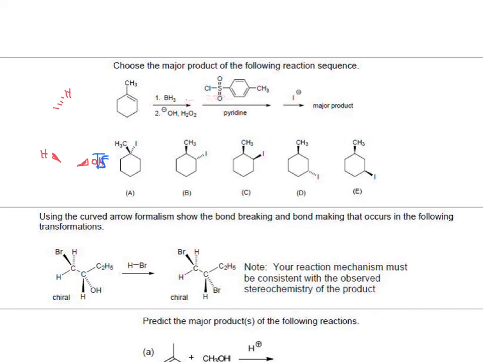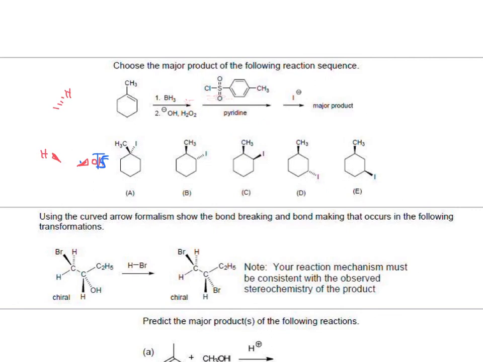nothing very different about it. And now we are treating it with a good nucleophile, so I minus, and so realize that the I minus is going to attack from the side opposite of the OTs. That means if it's pointing up, the I minus is going to attack from the bottom.